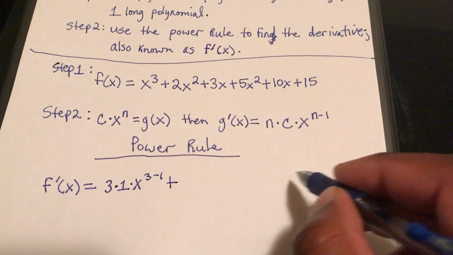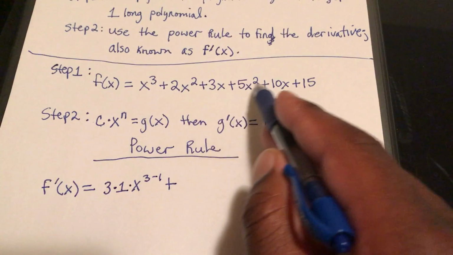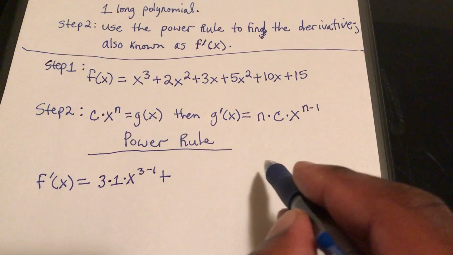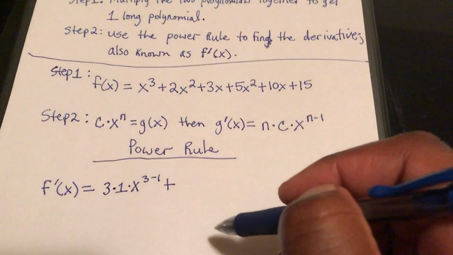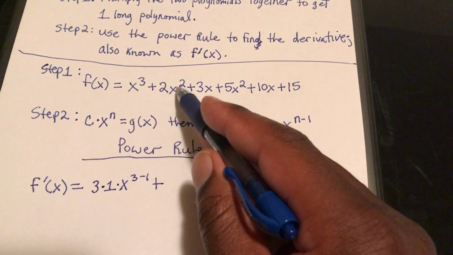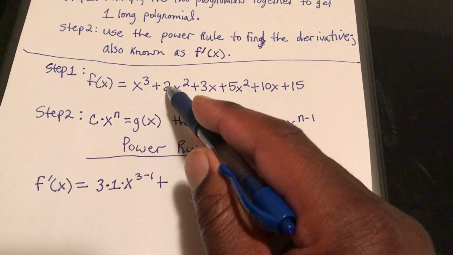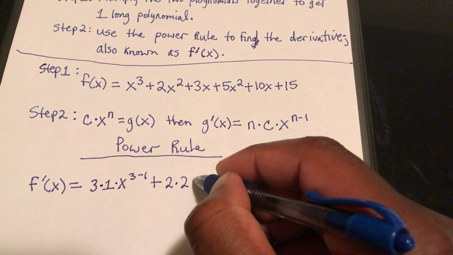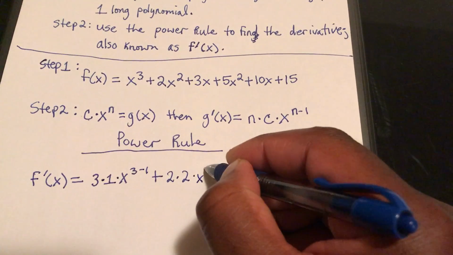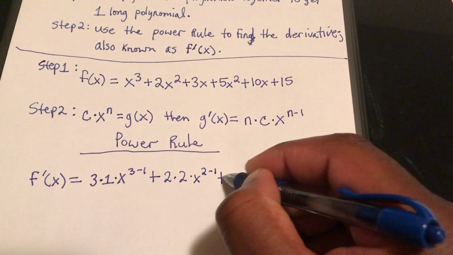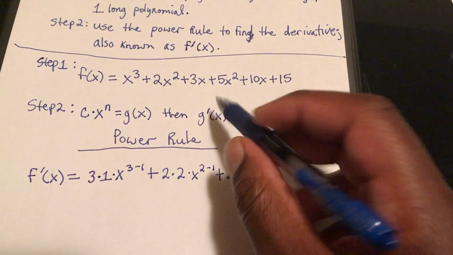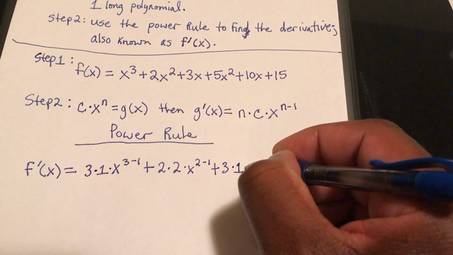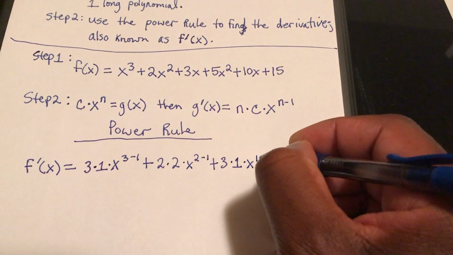But I'm going to write out this whole f of x. We're going to write out the whole f prime for this f of x before we start simplifying. Okay, so 2, bring that down, times 2. So it's going to be 2 times 2 times x to the 2 minus 1, plus 3, well, we're going to bring 1 down, times 1 times x to the 1 minus 1.